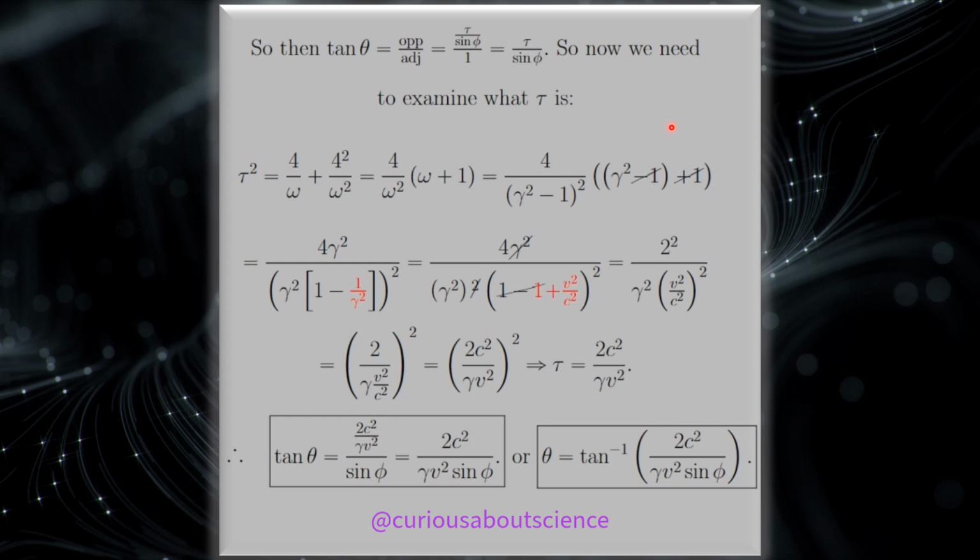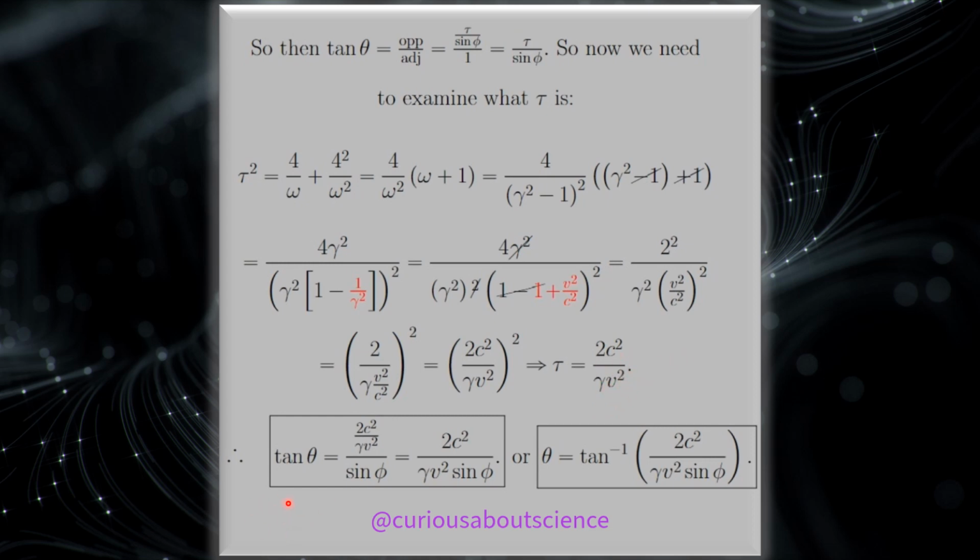Again, this kind of force factoring technique: after we cancel out in the denominator, pull it out, cancel, cancel, and then simplify down. A lot of this is just a matter of algebraic techniques just to get everything wound down. So what we see after the fact is that we get a square term here, take the square root. We see that tau is actually equivalent to 2c squared over gamma v squared. So we have the velocity that we were interested in.